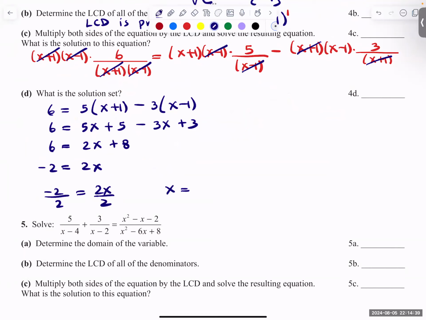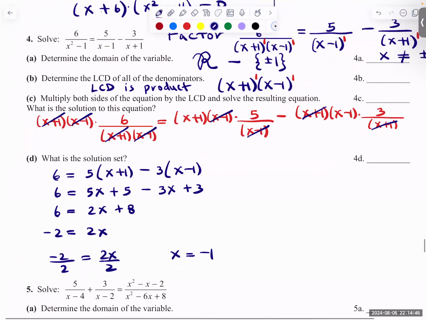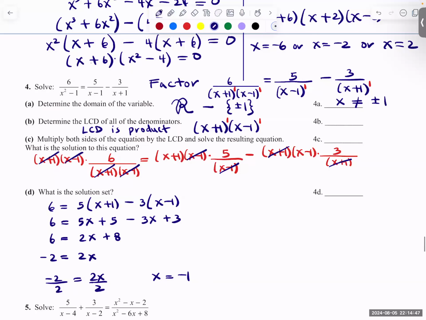So x equals -1, but we have to check that against the excluded values, right? -1 and +1 were excluded from the general set of all real numbers because -1 would give division by 0 on 2 of the fractions.